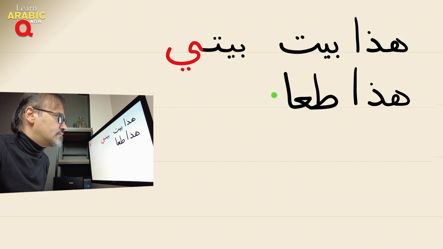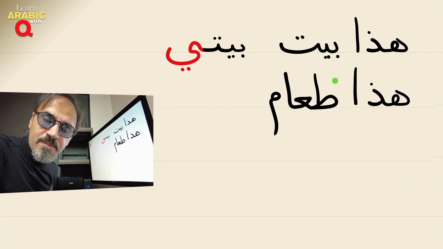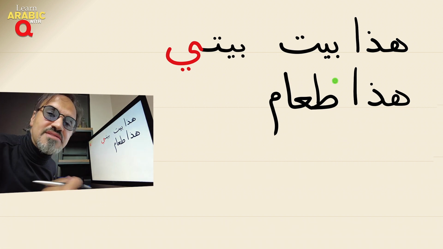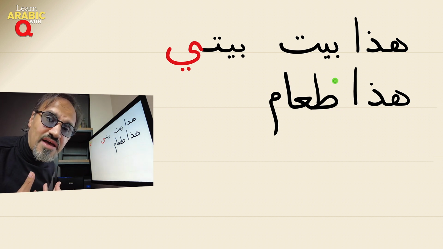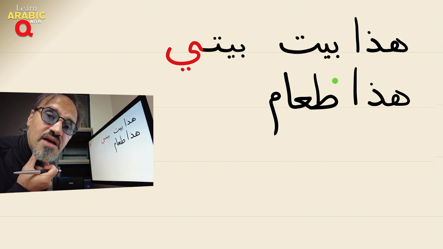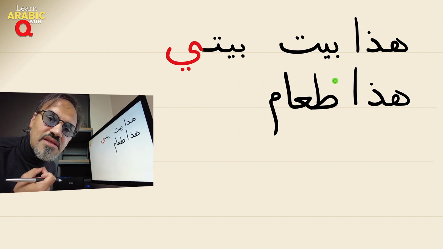And we end with a mi. Okay? هذا طعام. If you can't say the a, you're going to end up saying something else. But it's a ط a. طعام. هذا طعام.